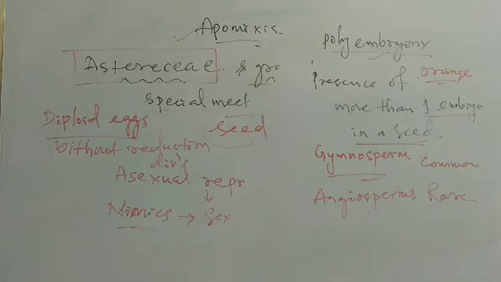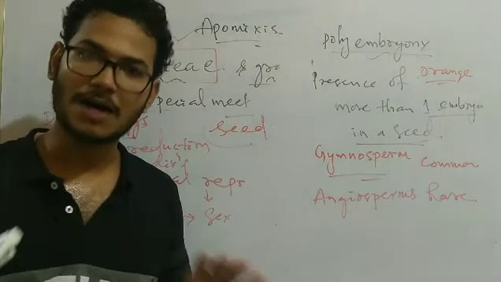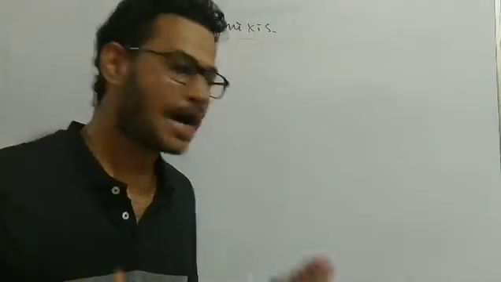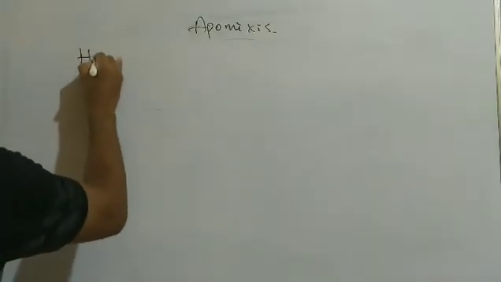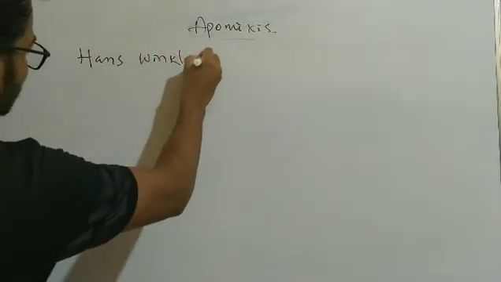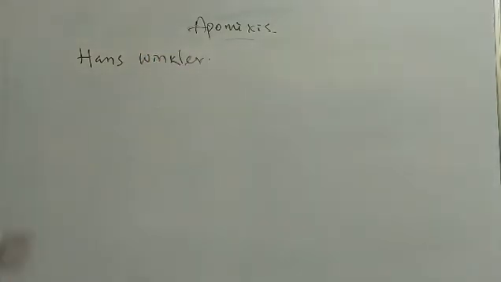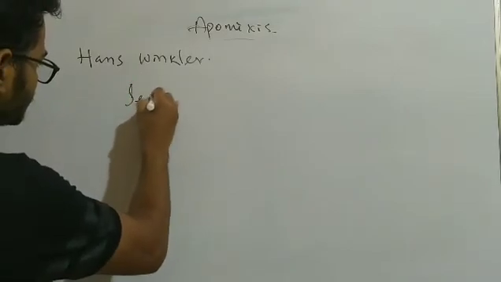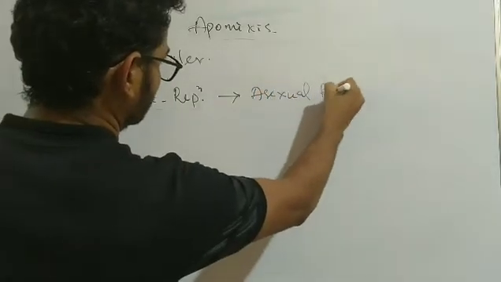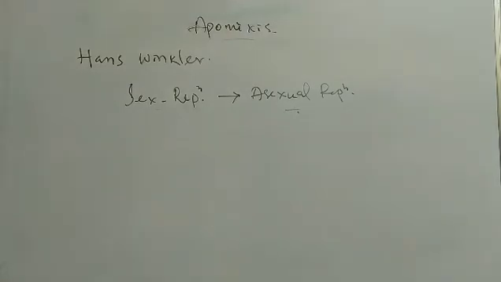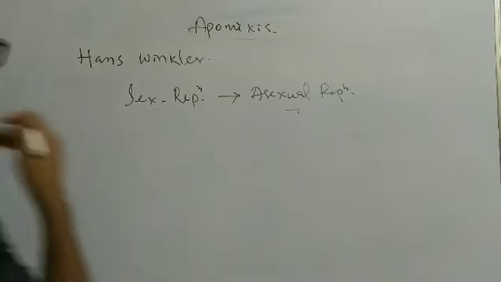So the term apomixis was first defined by Hans Winkler, and it means replacement of normal sexual reproduction by asexual reproduction.